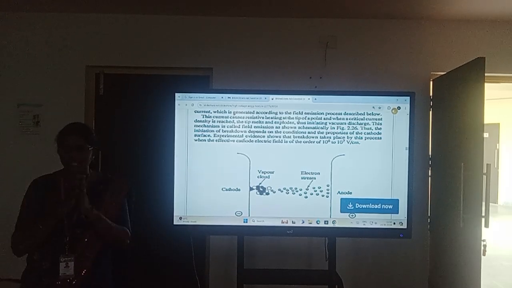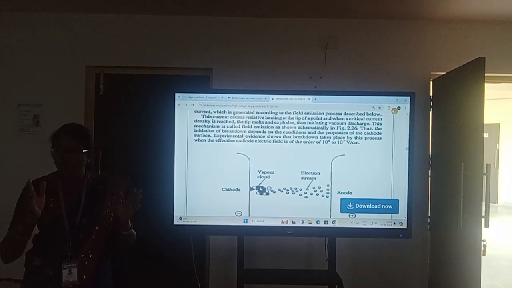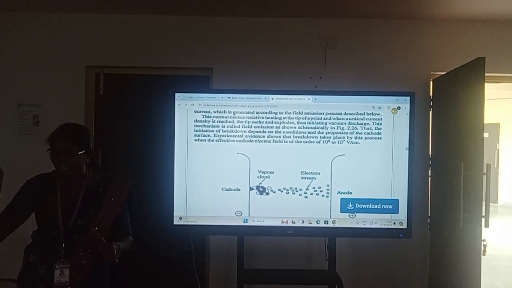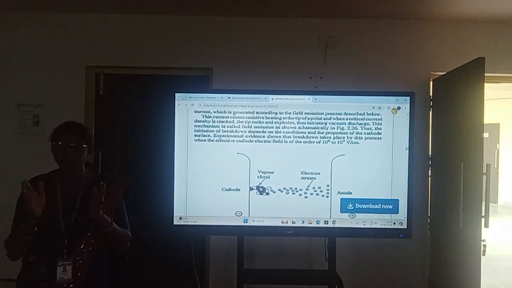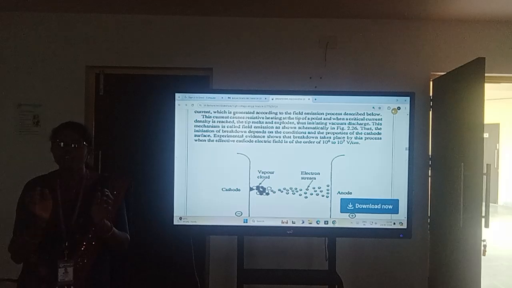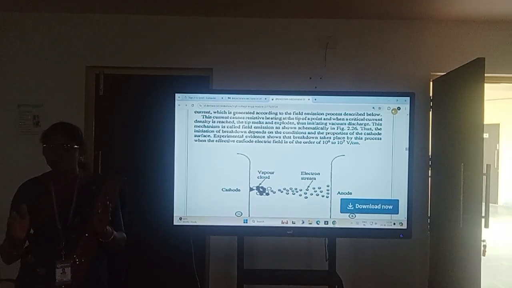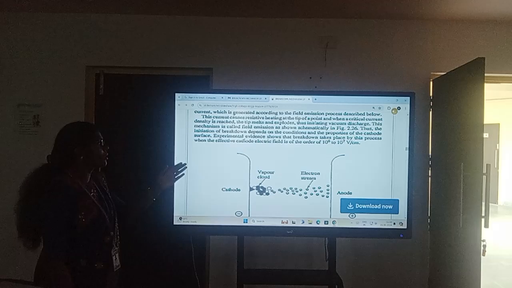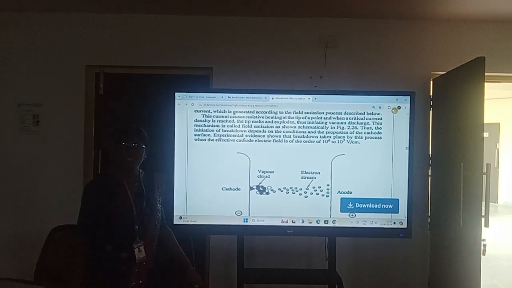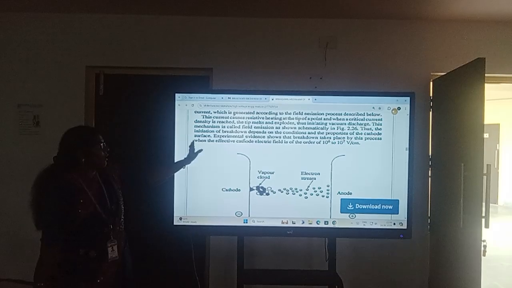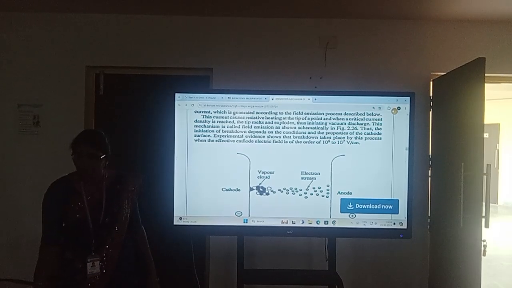The gap is in centimeters; we keep the two conductors a few centimeters apart. I have just changed it from what I initially told you. So per centimeter, what is the voltage rating? 10 to the power 6 to 10 to the power 7 for a cathode electric field.